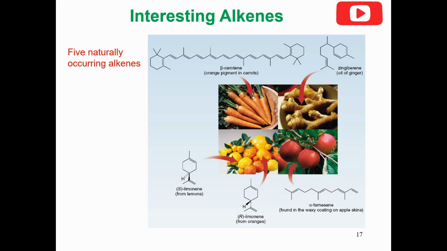In nature, alkenes are also very important. Just like whenever you're eating your carrots, you remember that the orange pigment in carrots indicates the presence of beta-carotene. We have alkene in lemon, that is the fragrance you normally smell in lemon, which is limonene. We also have double bonds in the skin of apple.